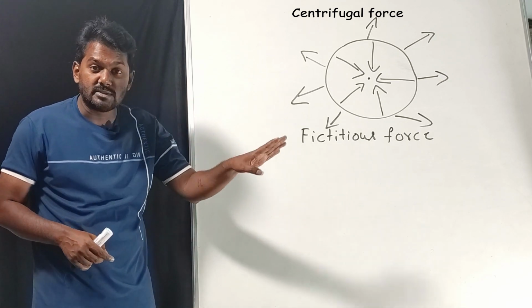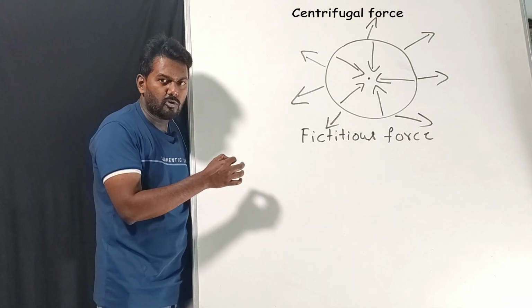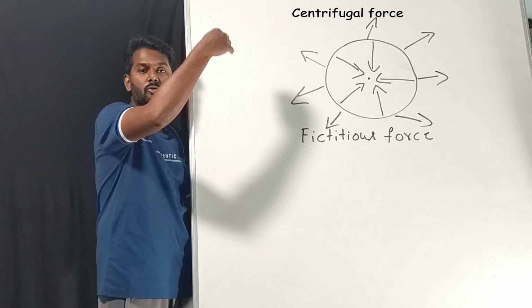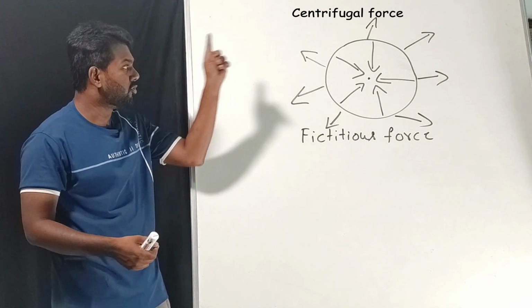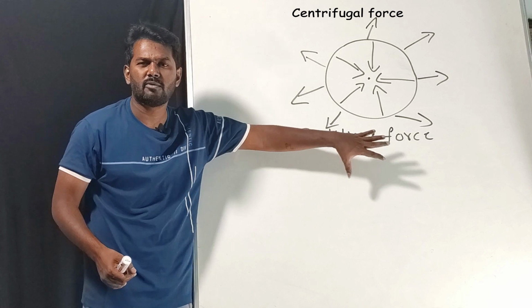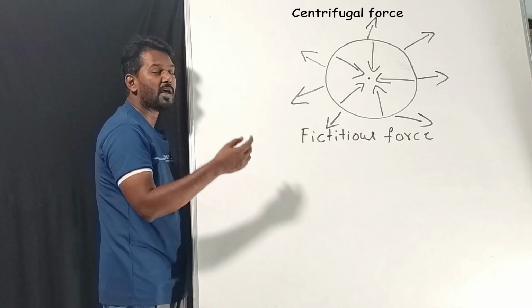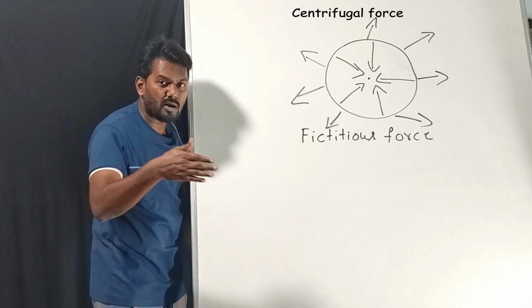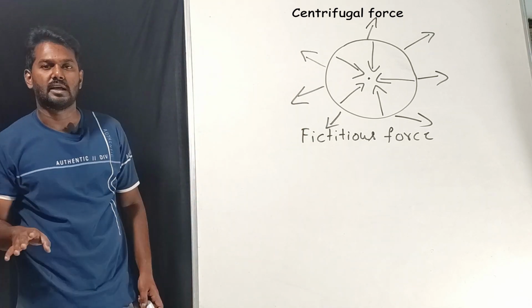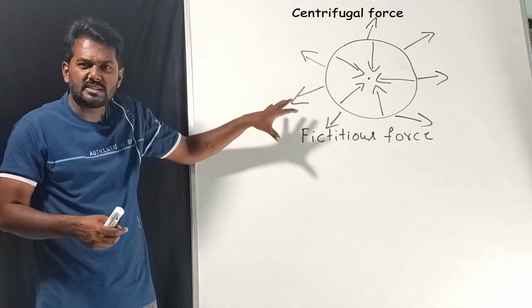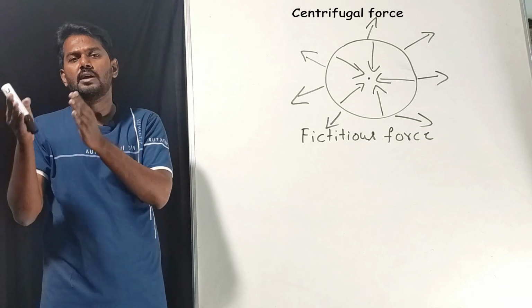The magnitude remains the same, but the direction is opposite. Centripetal force is a real force. Centrifugal force is a fictitious force, meaning it is not real. About direction, centripetal force will be towards the center, centrifugal force will be away from the center. If you know these differences, then I think you have learnt everything about centripetal and centrifugal.